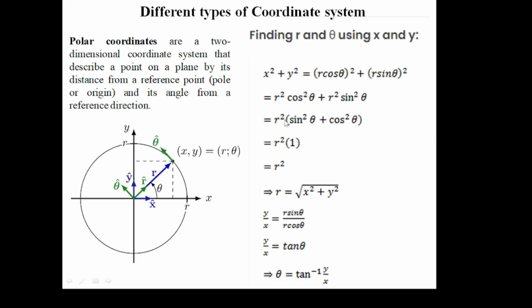So x square plus y square is equal to r square, this is the equation of a circle, and tan theta is equal to y by x. So the relation between r, theta and x, y is x square plus y square is equal to r square and tan theta is equal to y by x. This is called polar coordinates.